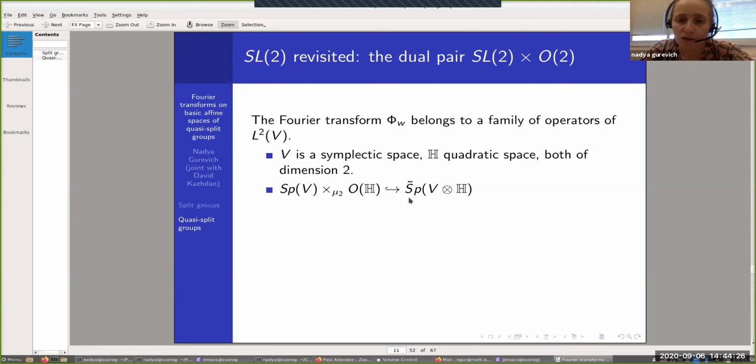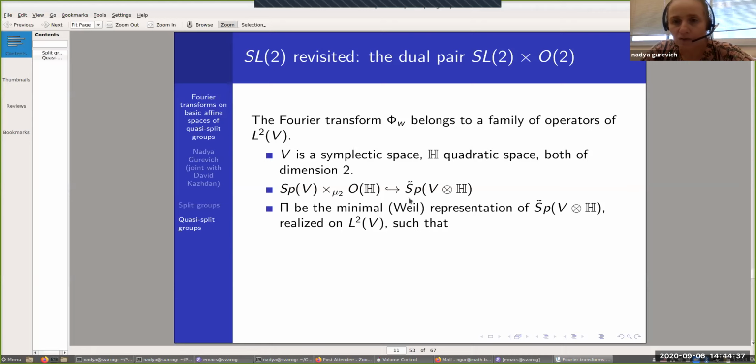And there is even a splitting into the double cover of such a group. Why does the double cover matter? Because the double cover of SP4 admits a very special minimal representation called the Weil representation.